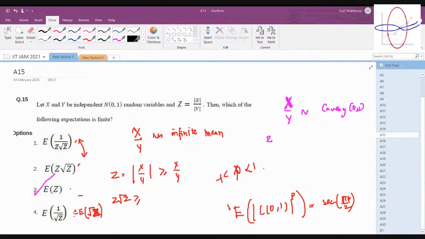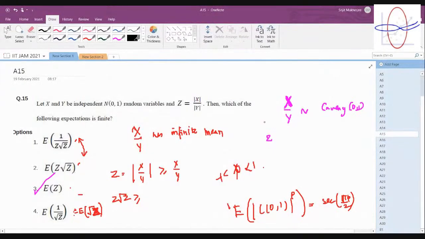So essentially the distribution of Z and the distribution of 1 by Z are always the same. In fact, the distribution of Z to the power k and of 1 by Z to the power k are always the same, because mod X to the power k by Y to the power k is distributed the same as Y to the power k by X to the power k, because of the exchangeability of the random variables. That makes sense because they're independent random variables.